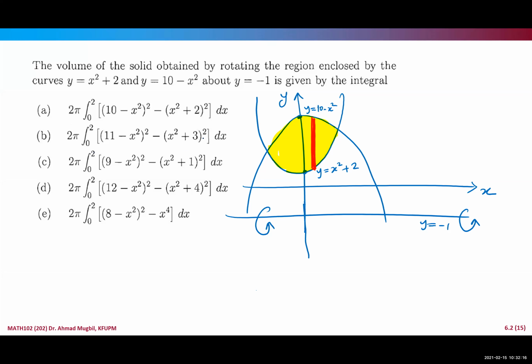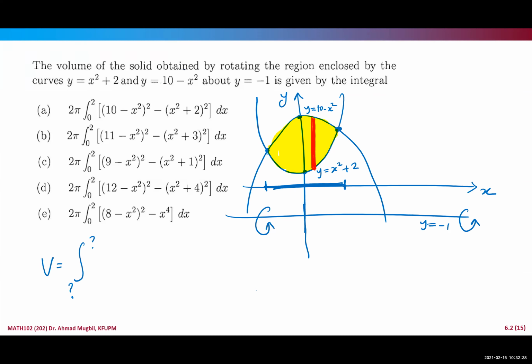Okay, now the volume will be the integral from where to where. We need to know, guys, from where to where. We will integrate with respect to x. Look at the region: it starts here and goes up to here. So my integral will be from this point to this point. The question is, what are these 2 points? What is the intersection point?